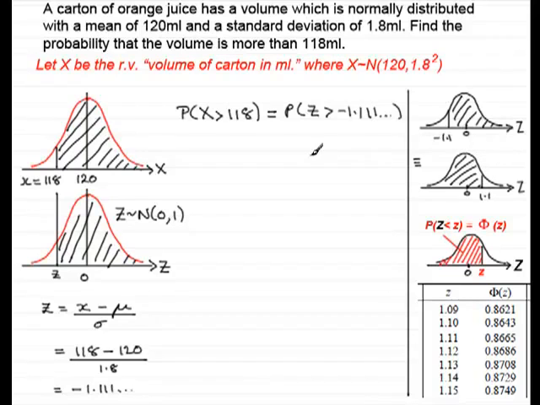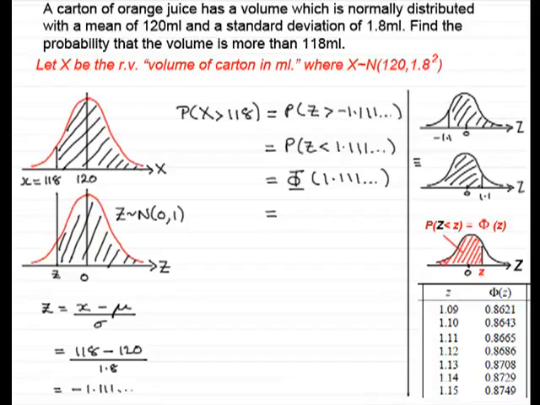So this is exactly the same as working out the probability that z is less than 1.111 and so on, and we tend to call this phi of 1.111 and so on. We can use the tables now to work this out.